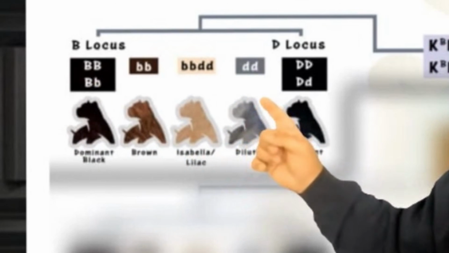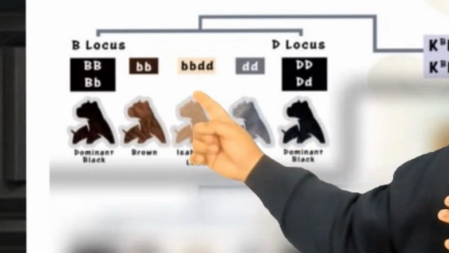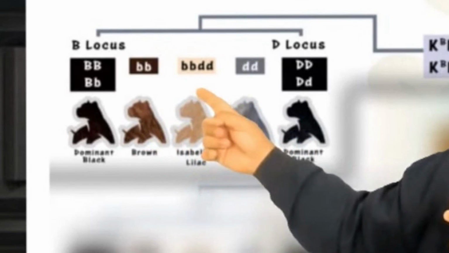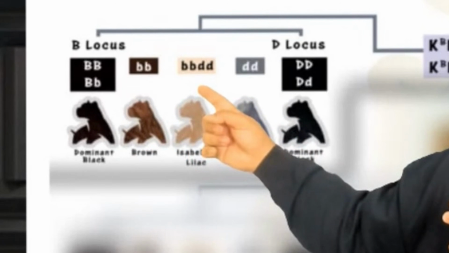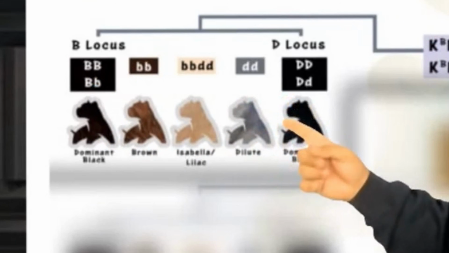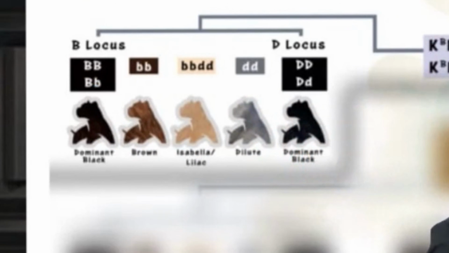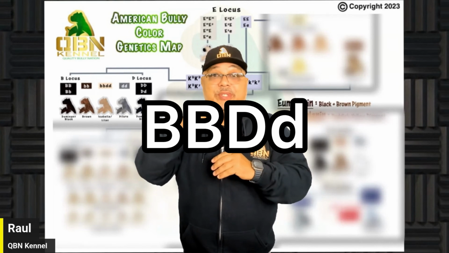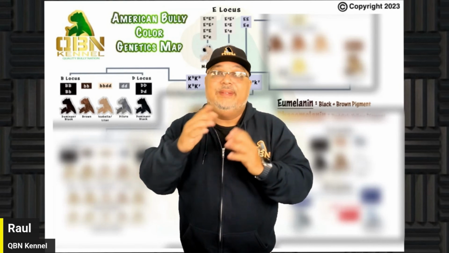So I want you to take a look at this fawn dog right here, which was a brown with dilution. Look how it's written. I want you to write that expression with a black dog with two capital B's, non-dilution, with a recessive carrier. If you wrote capital B with capital B, capital D with lowercase d, that is correct.